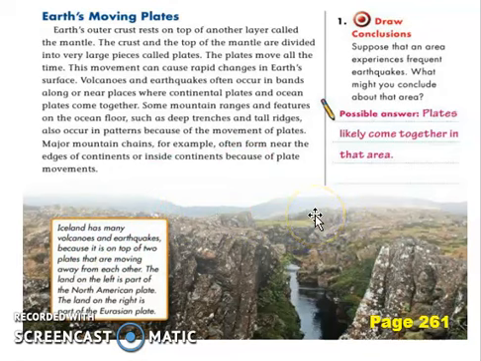Iceland is a country. In this area, it shows the part from the United States, and the other part here on the right is the European plate. Before, these two were just one. But because of the movement of the Earth's surface, now they are divided into two.